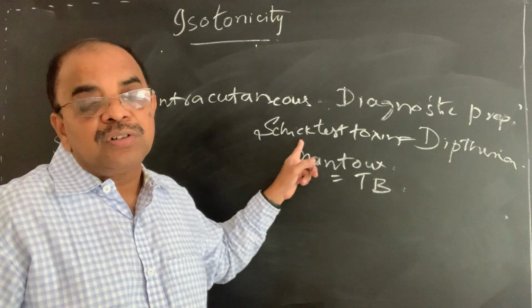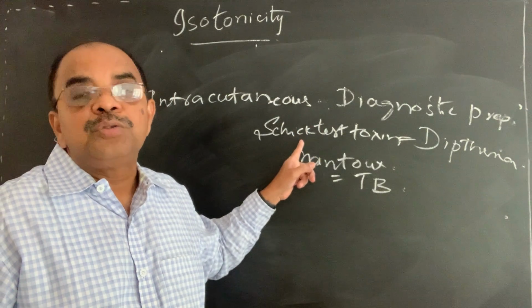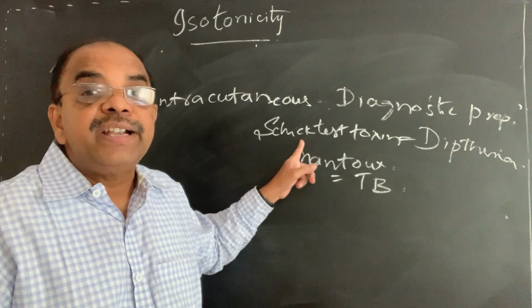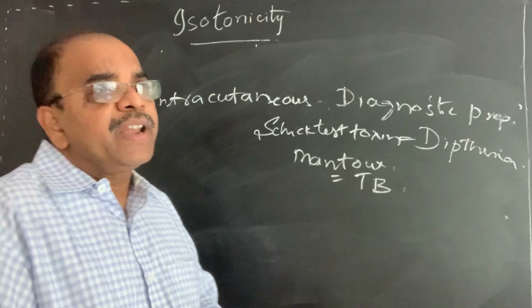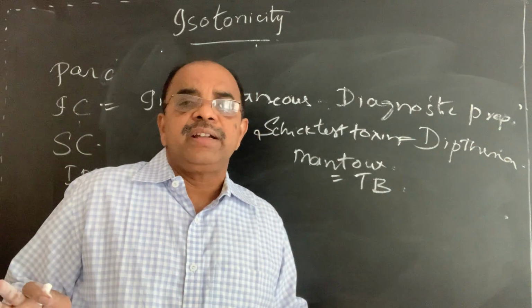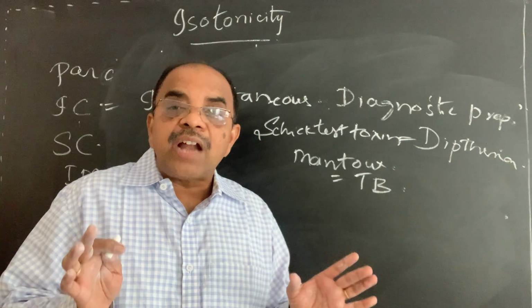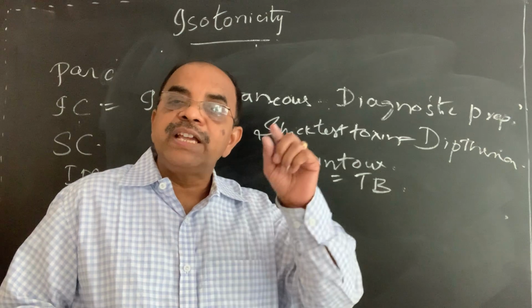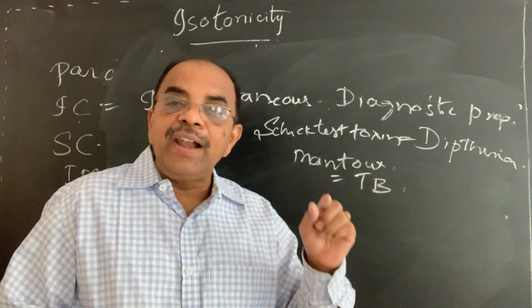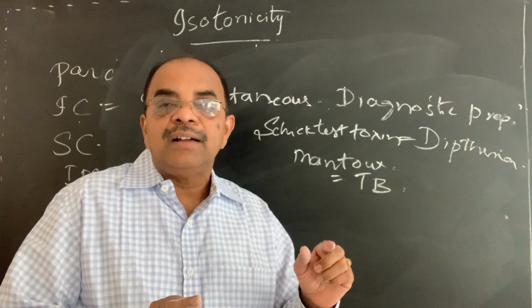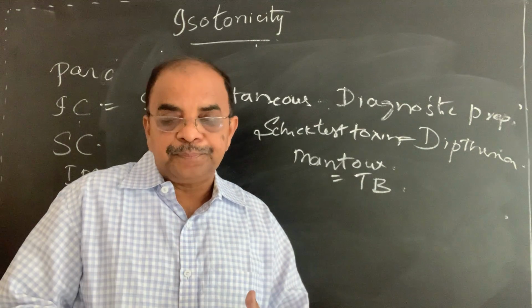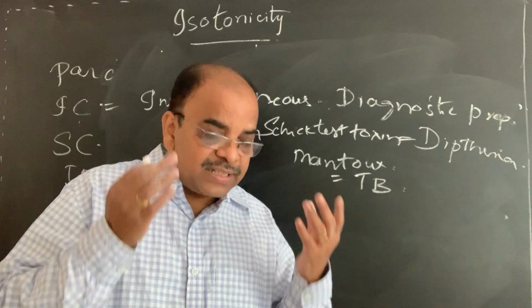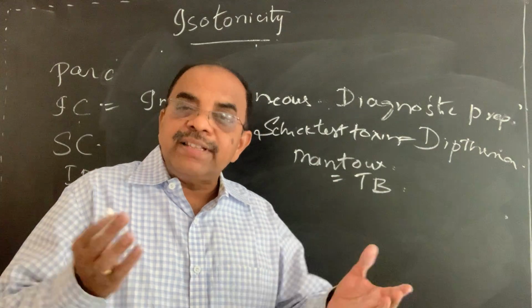And the Schick test is almost the same. That is to diagnose diphtheria immunity, right? Such a small preparation must be isotonic. If it is not isotonic, it may give swelling, and seeing the swelling and inflammation in the particular area, we suspect it is TB. Actually, the person is not having TB, but the swelling is there.